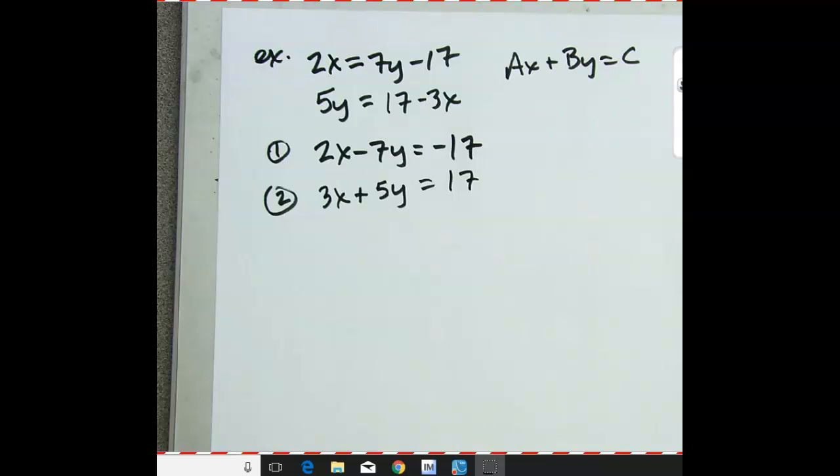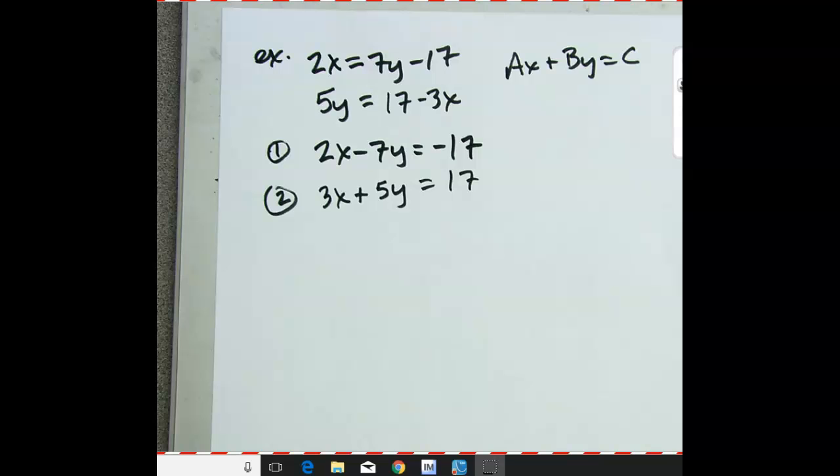Now, we have to decide which of the variables we want to eliminate. You will see that neither x nor y are multiples of each other.